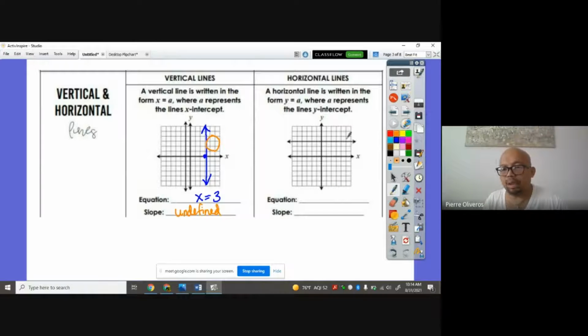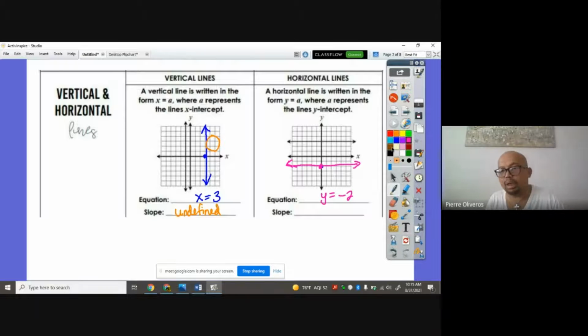If you have a horizontal line, it's written in the form y equals a. If you notice, there's no x here, there's no slope technically, where a represents the line's y-intercept. So in this case, for example, I put this point here, the blue point, and that's on the y-axis. And let's say this is the graph, the pink one here. What's the equation of the pink graph there? y equals negative 2, because that point there is negative 2 on the y.